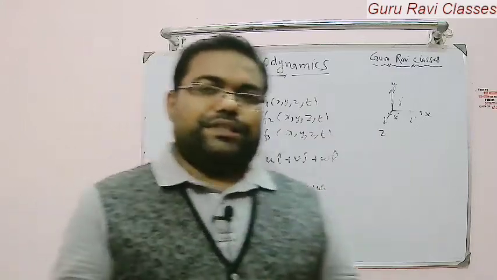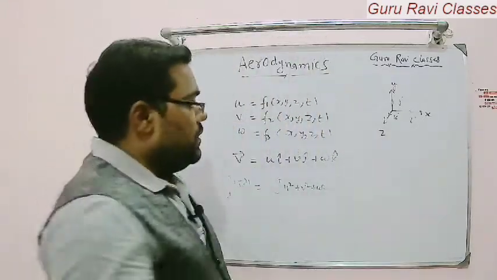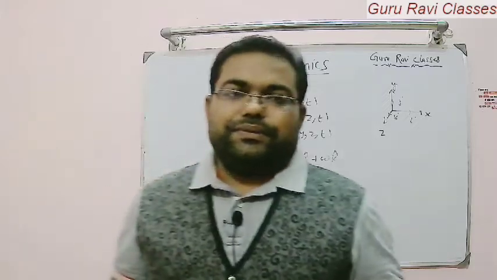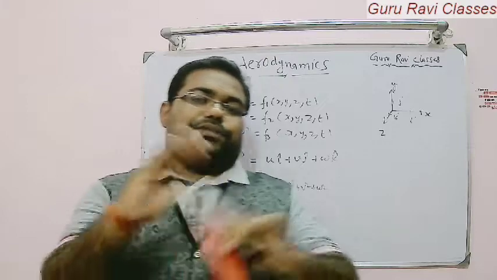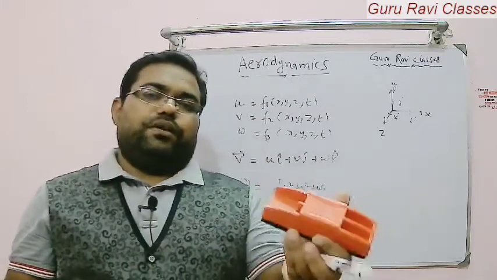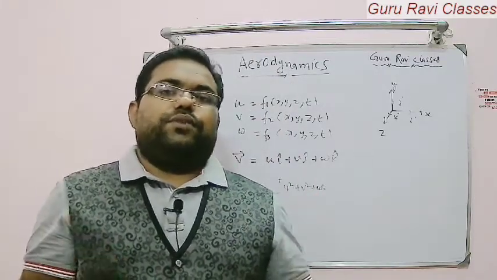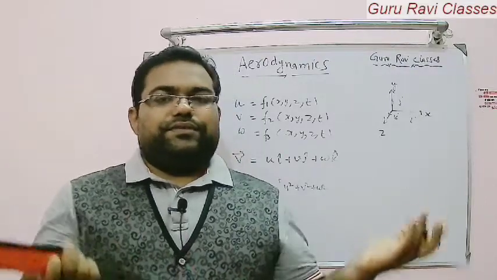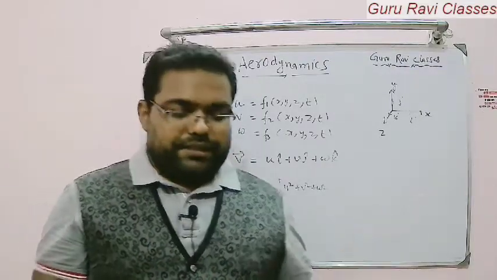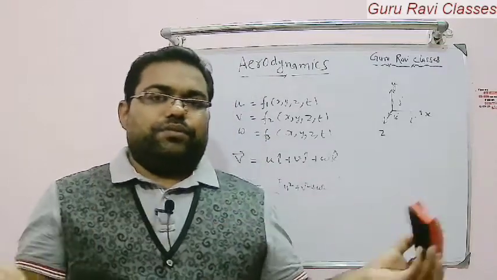Let's go for pressure now. In aerodynamics, we always bother about the pressure distribution. The moment we know the pressure distribution about a given object, I can find out the forces, and all the aerodynamic forces can be calculated. Lift, drag, and side forces can be calculated from the object if I know the overall pressure distribution.